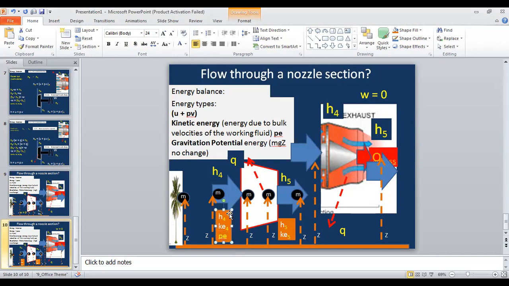All the types of energies. But here it is P4. See, because of the nozzle components.